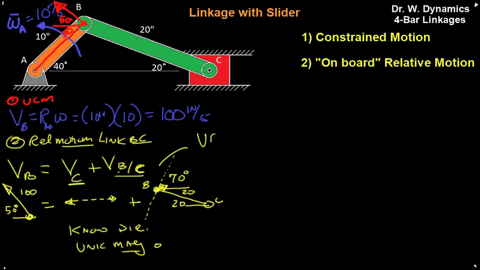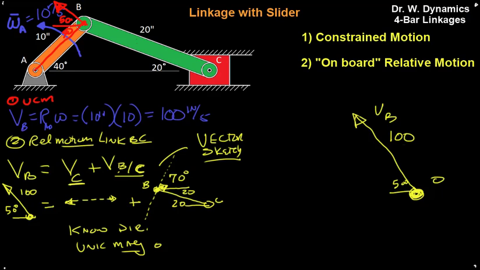So next we'll make a vector sketch of this. I always make a big dot where I'm starting. I'll call that point O. And we'll show at 50 degrees, there's our velocity of B. And then that should equal these two vectors added, tip to tail.